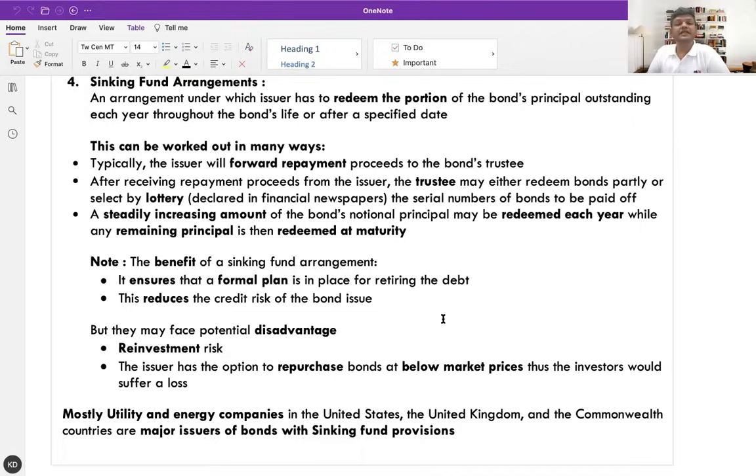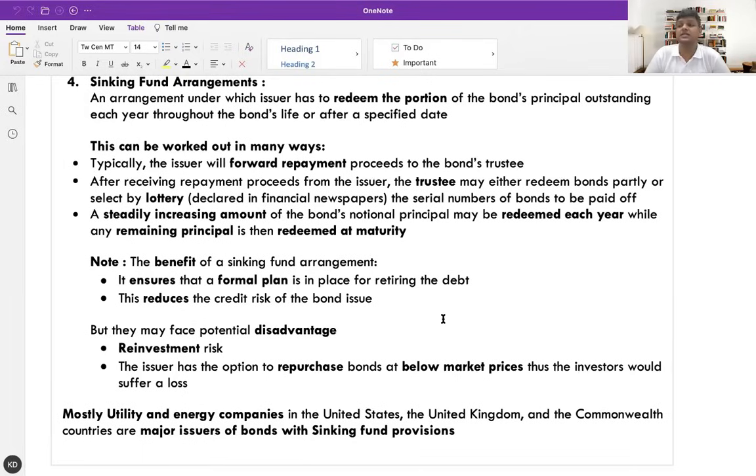If it's a bullet structure, when will the entire principal be paid back? At maturity, at the end of the 10th year, right? Arranging $100 billion at once at the end of the 10th year is not an easy job for any company. These companies are highly leveraged and may end up in trouble.